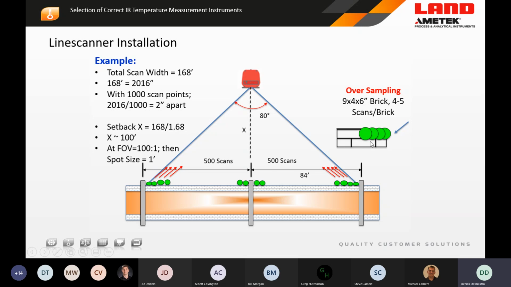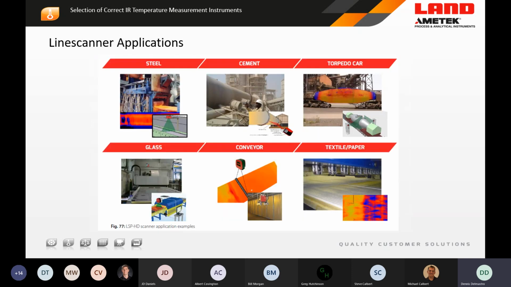And in this case, since we have a rotating kiln, depending on the speed of rotation, we're also taking line after line after line after line. So this is a very quick and effective way to gather temperature data across many different applications. This is probably our most versatile of all the thermal imagers.